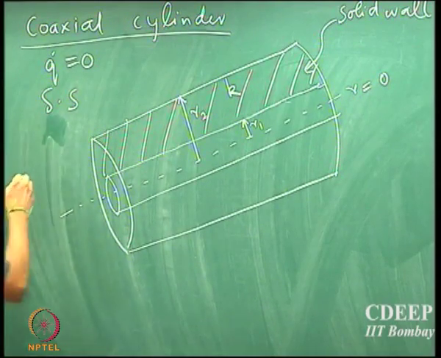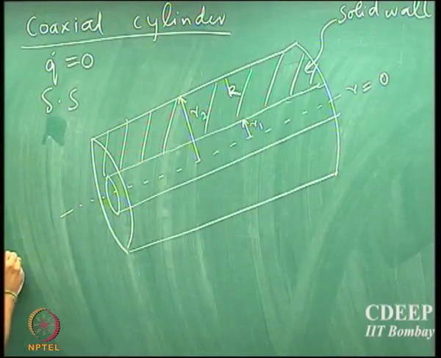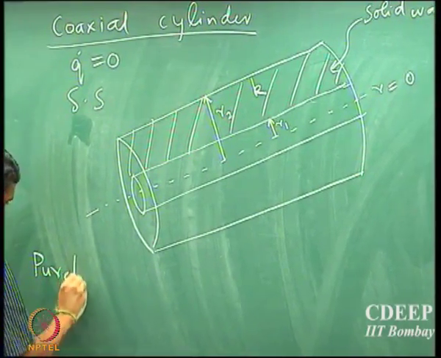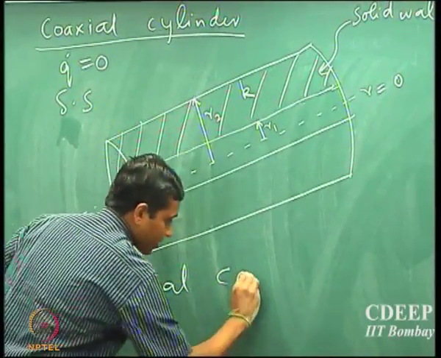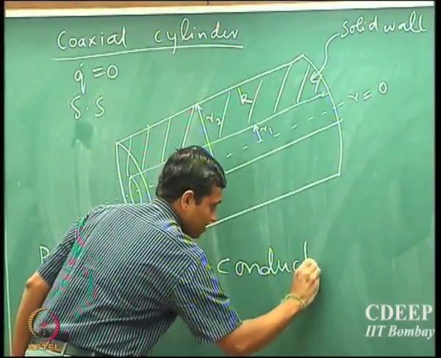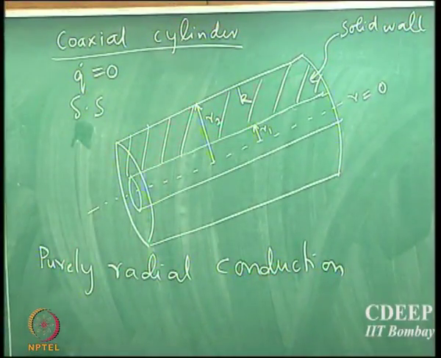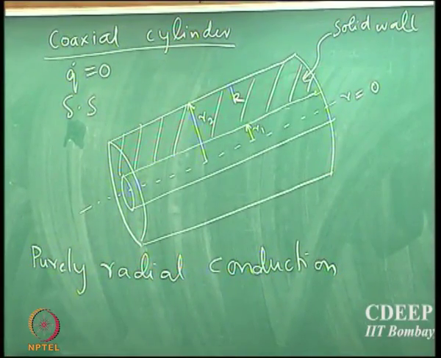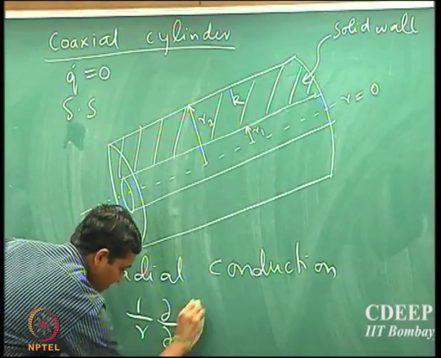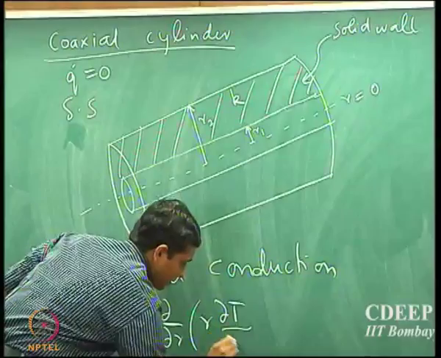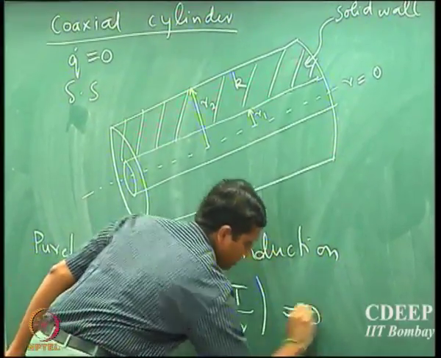If we assume that it is a 1D system, that is purely radial conduction, then the model is 1 by r d by dr of r dT by dr equal to 0.